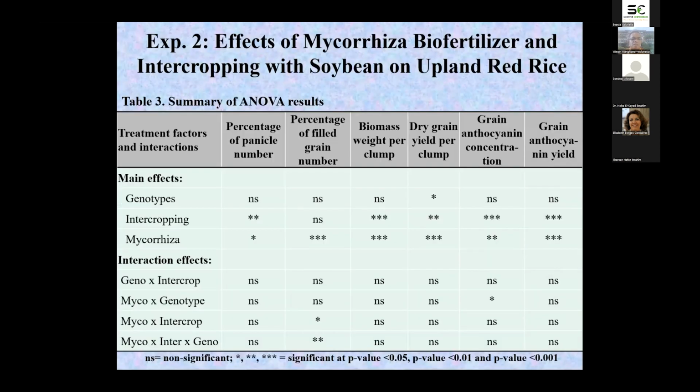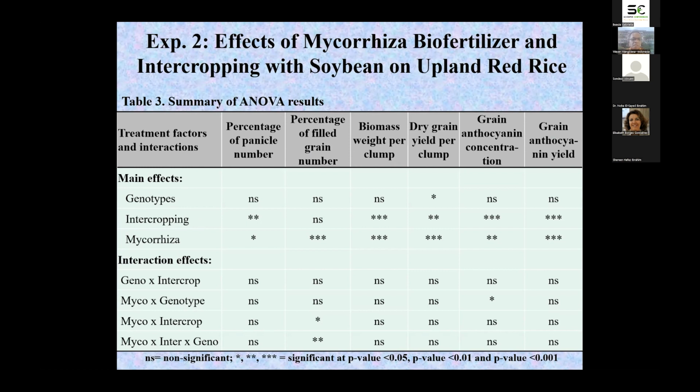These are the second experiment, the effect of intercropping and mycorrhiza biofertilizer on different genotypes of rice.